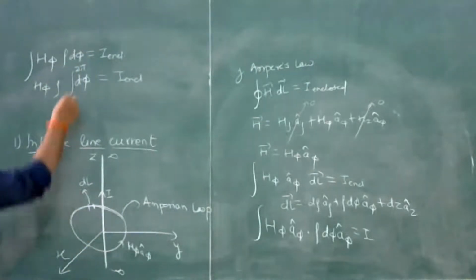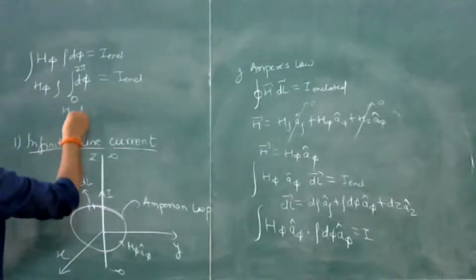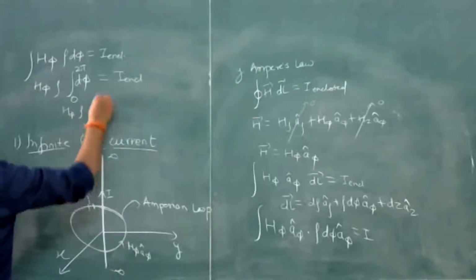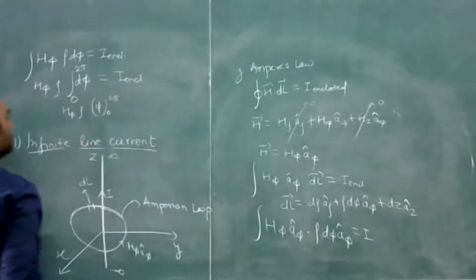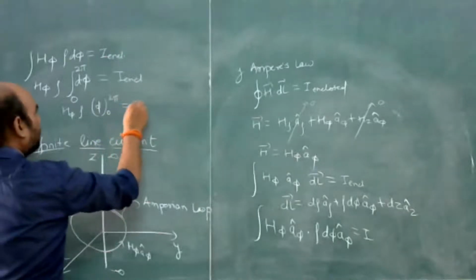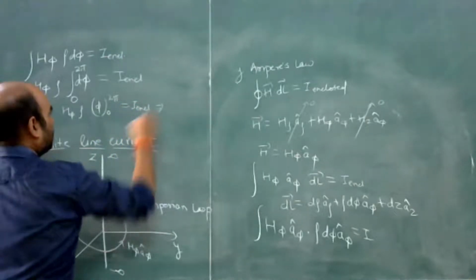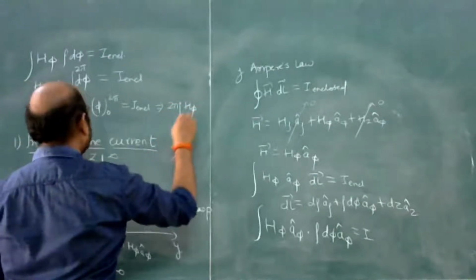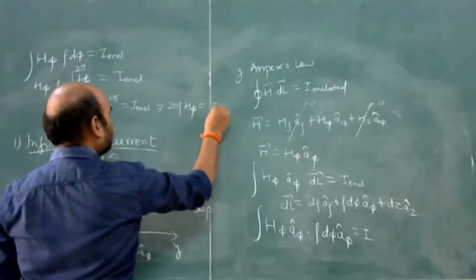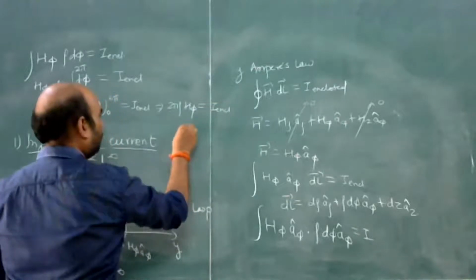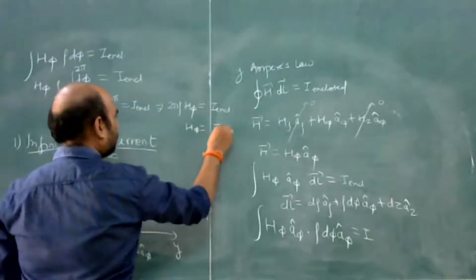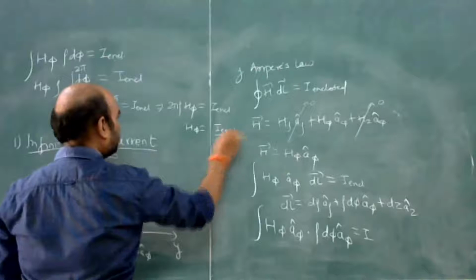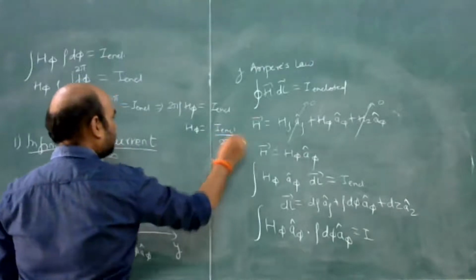So this will be H phi rho integral of d phi from 0 to 2 pi equal to I enclosed, which gives 2 pi rho H phi equal to I enclosed, or H phi is equal to I enclosed divided by 2 pi rho.